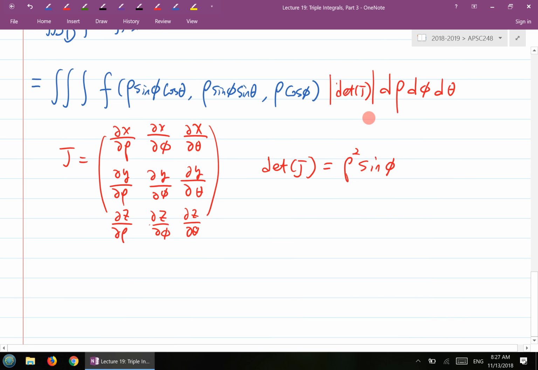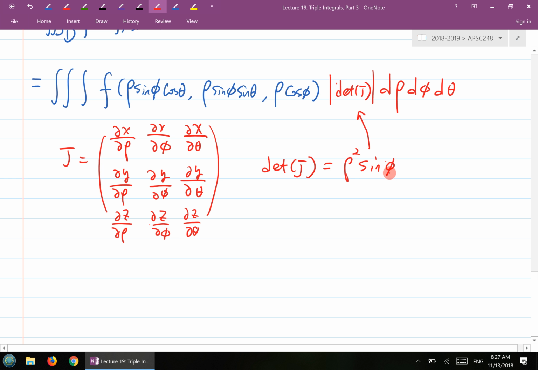Then you replace that over here, take the absolute value, and replace this term with it. So rho squared sine phi. What about the absolute value of this? Rho squared is naturally greater than 0. Sine phi, what's the range of phi? 0 to pi.